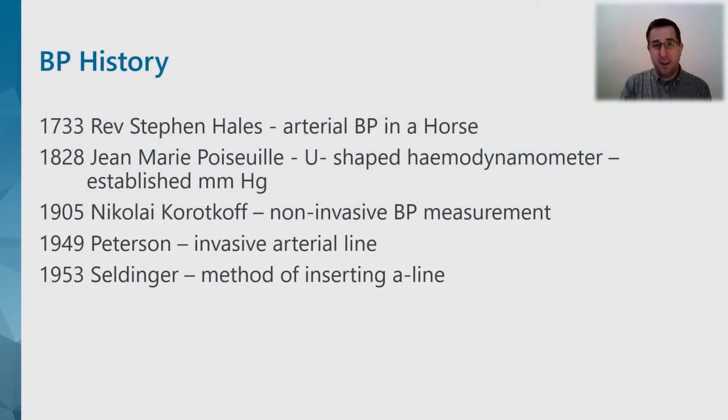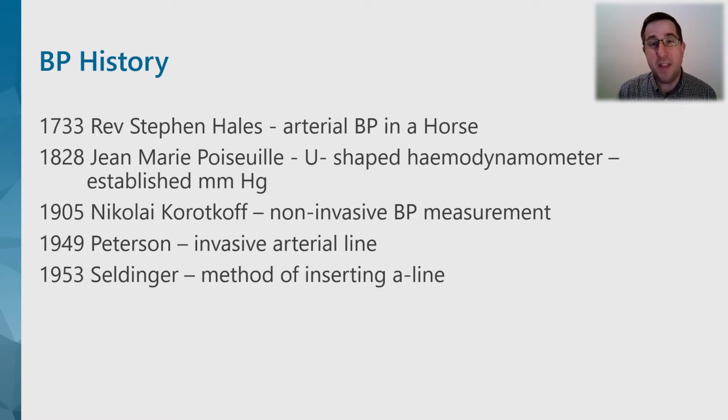So, a little bit of a history of blood pressure. In the 1700s, the Reverend Stephen Hales measured arterial blood pressure in a horse by cannulating an artery in the horse's neck with a tube.